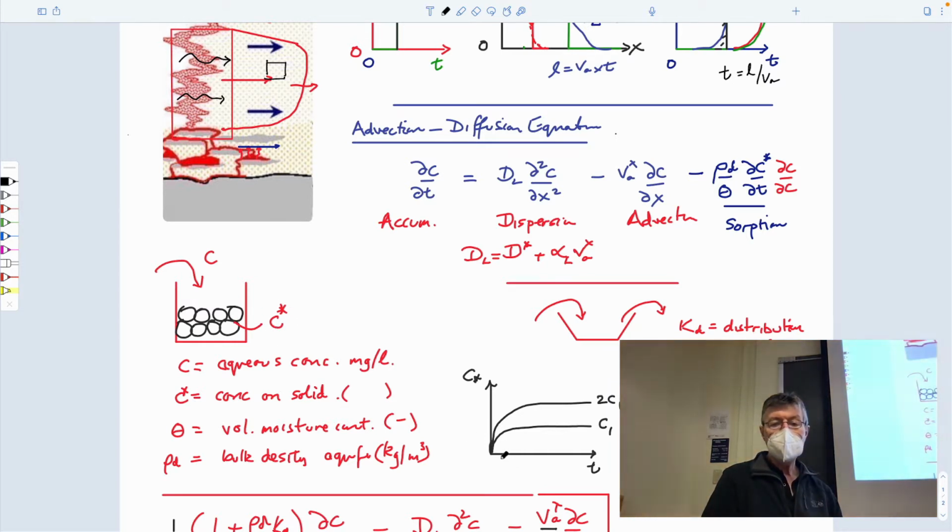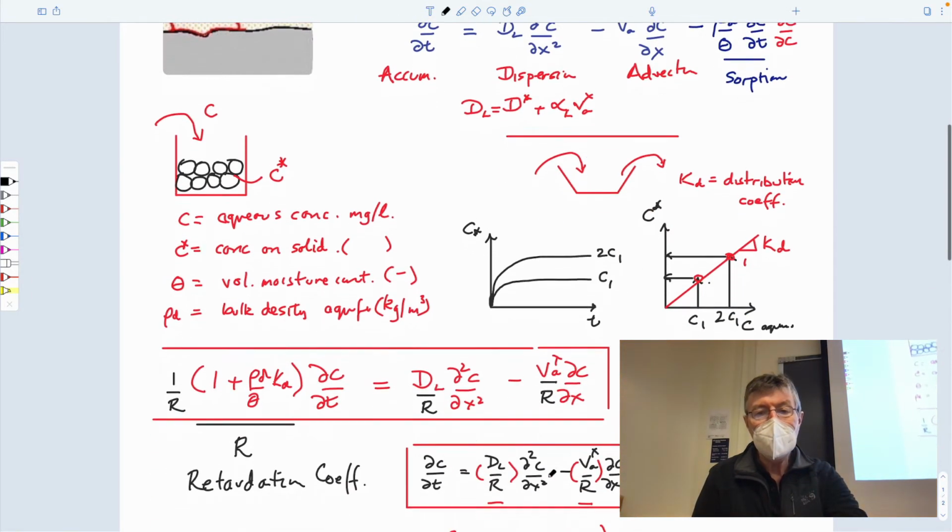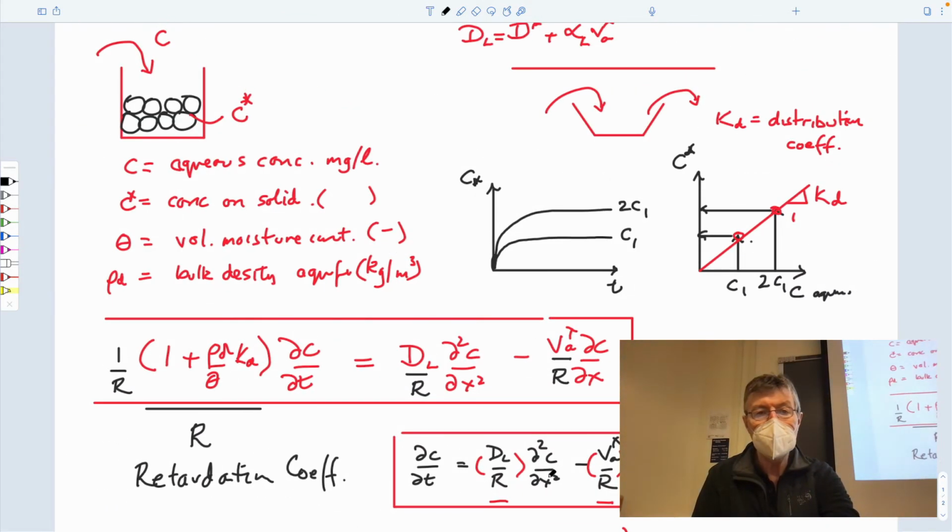So if you look at this process occurring over time, then what will happen is that you dump in the solute, and initially the concentration that you'd measure on the grains if you pulled them out would be nothing because it hasn't had time to do anything. If you leave it for a little while, it will build, and ultimately it will reach some equilibrium. And so this is when all the sites for sorption are completely filled on the surface of the quartz, and it won't change anymore.